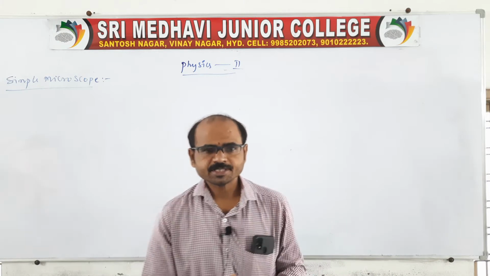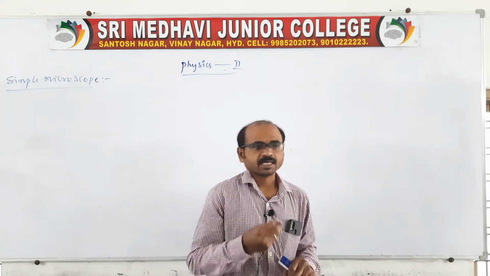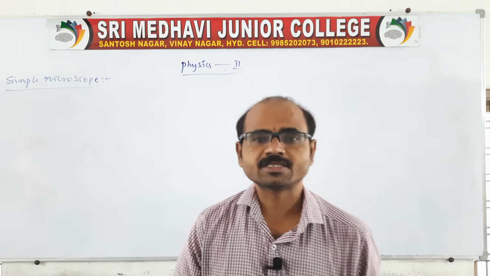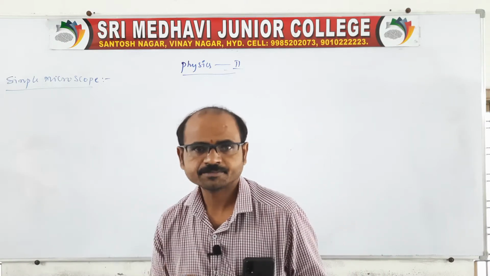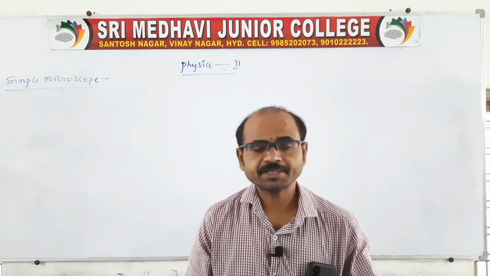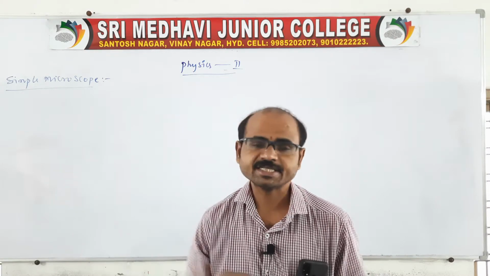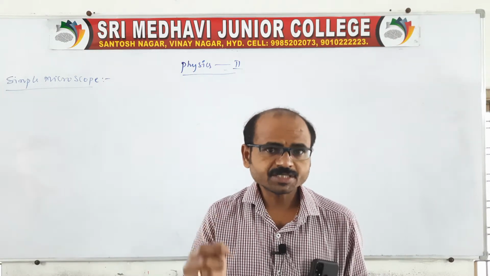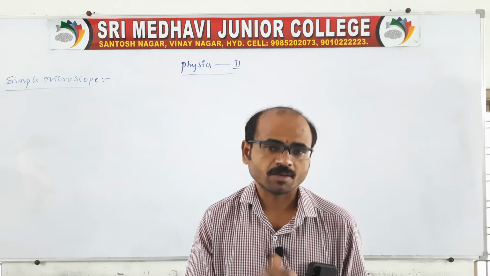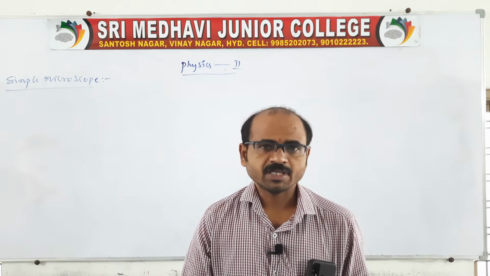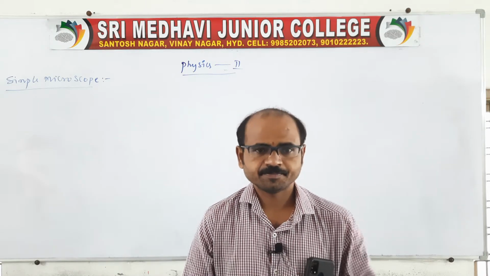Coming to the visual angle: with the naked eye, that is without any instrument, if the object is at a long distance, the image formed on the retina is very small, and the visual angle is theta.